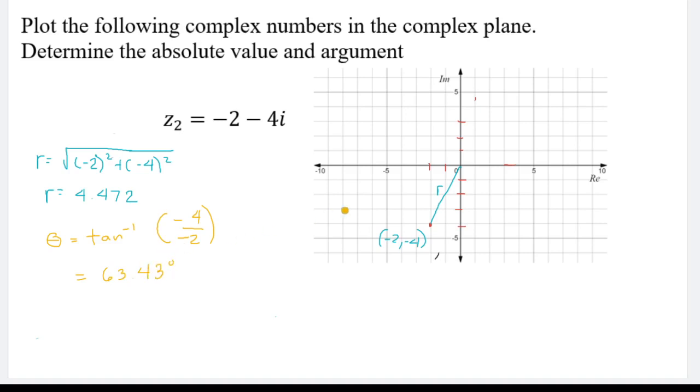But if we check our graph, by the definition kasi ng ating amplitude, that is the angle from the positive x-axis to our point or to our line OP. So possible ang maging graph natin is ito dapat yung angle or this angle. Pero as we can see, ang nakuha natin is angle is 63.43. And that angle is equivalent to this angle.